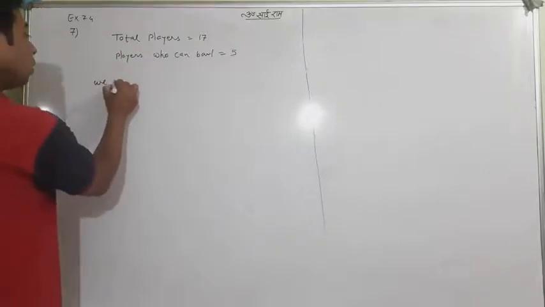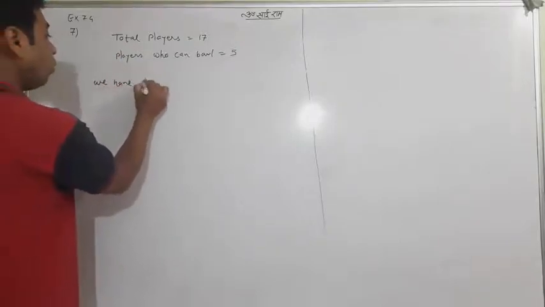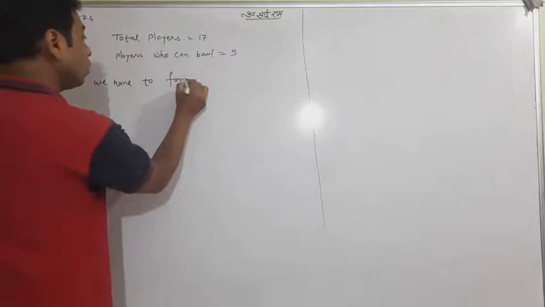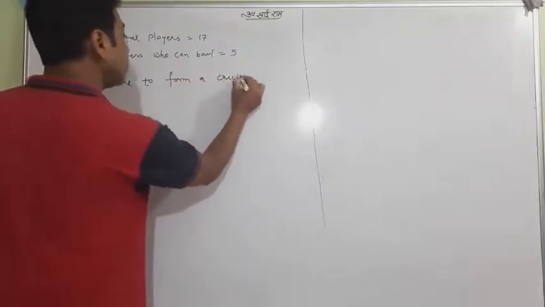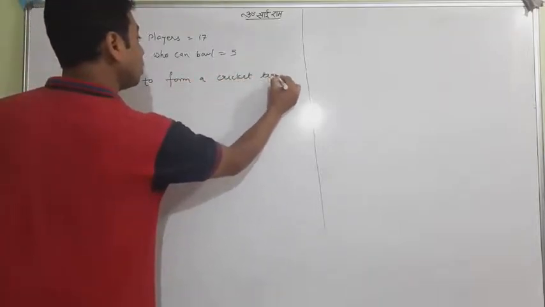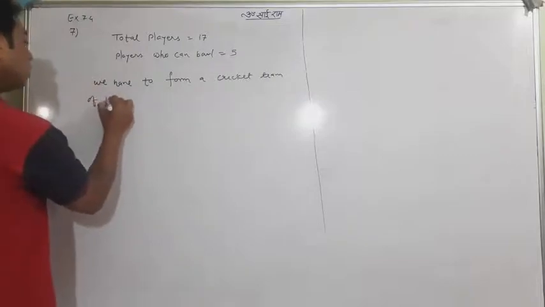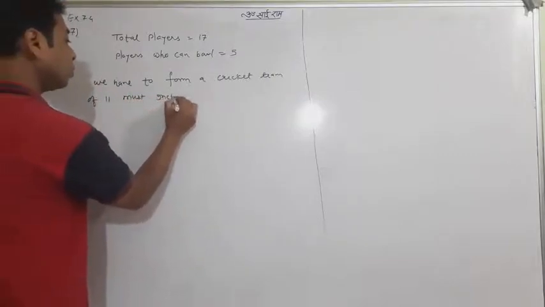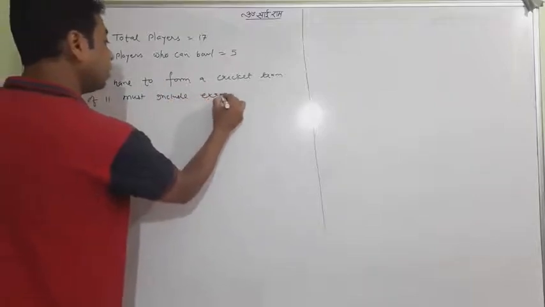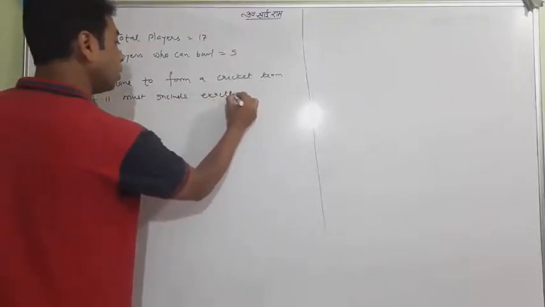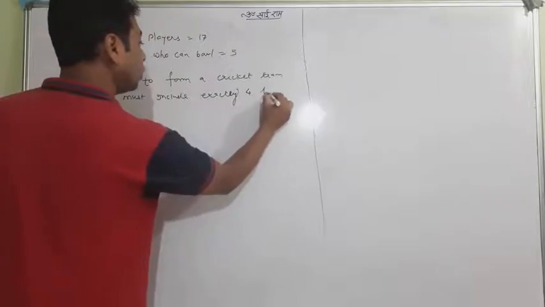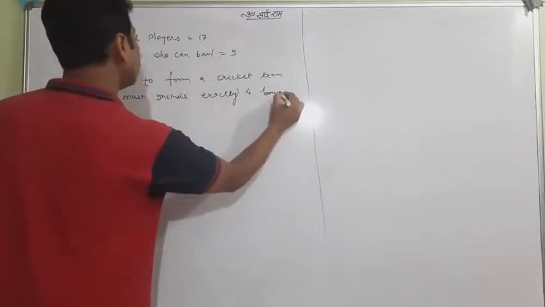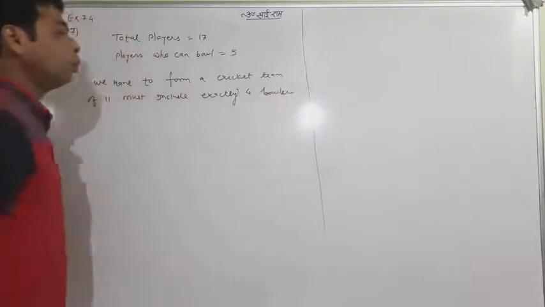We have to form a cricket team of 11 which must include exactly 4 bowlers.